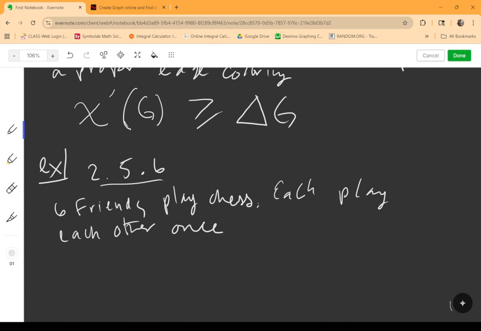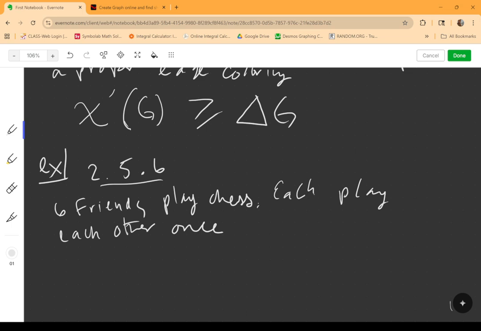Now, what we want to see is, if each game takes an hour, what's the best way I can maximize that time? Because if there are 15 games, we don't have 15 hours. Maybe it can be done in less.